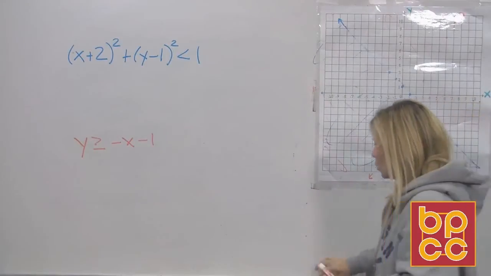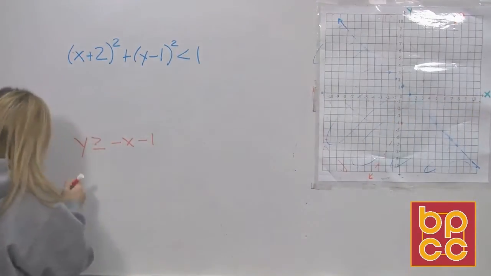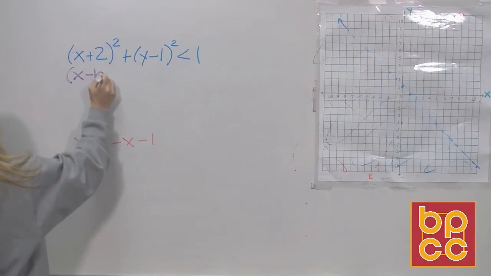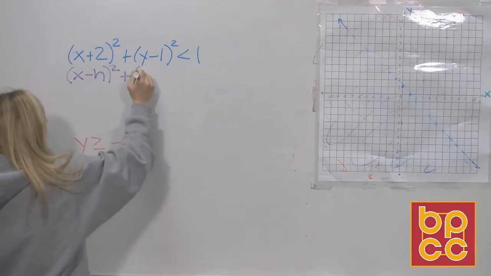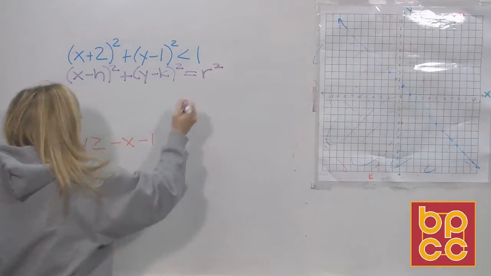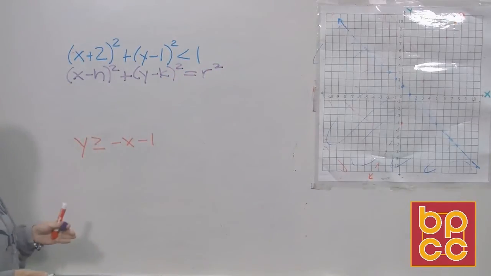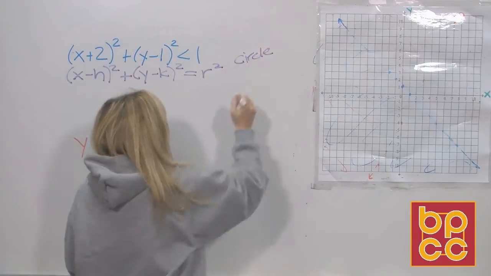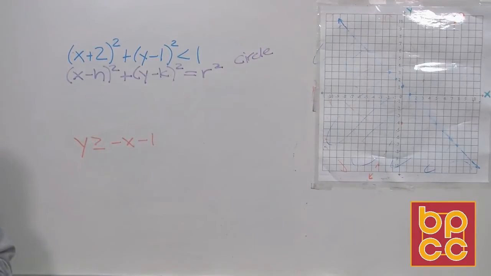If you know your rules, you should have memorized for a circle. We're going to write it on the board. X minus h squared plus y minus k squared equals r squared. Our inequality is in that form. We know it's a circle. What are the ingredients you need to graph a circle?